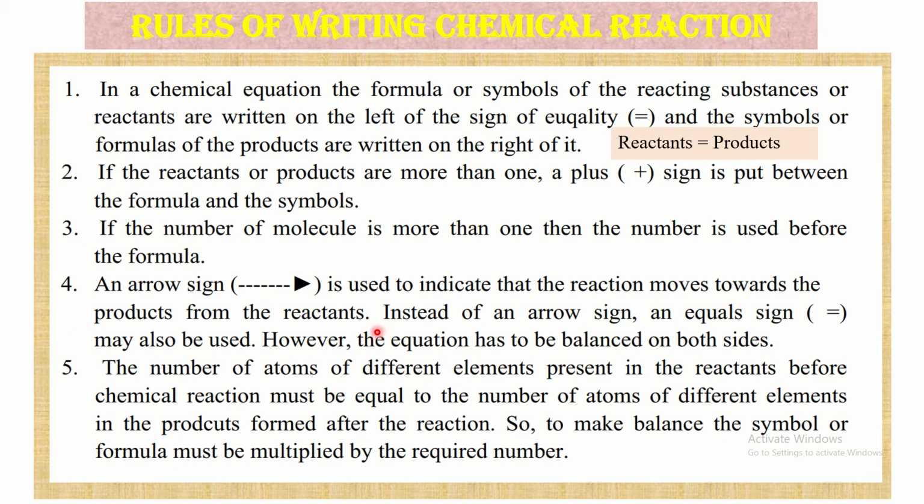That means, look, reactants are placed at the left side, and products are placed at the right side. For example, when calcium carbonate is heated to produce calcium oxide and carbon dioxide, that means the reaction is started by using calcium carbonate.